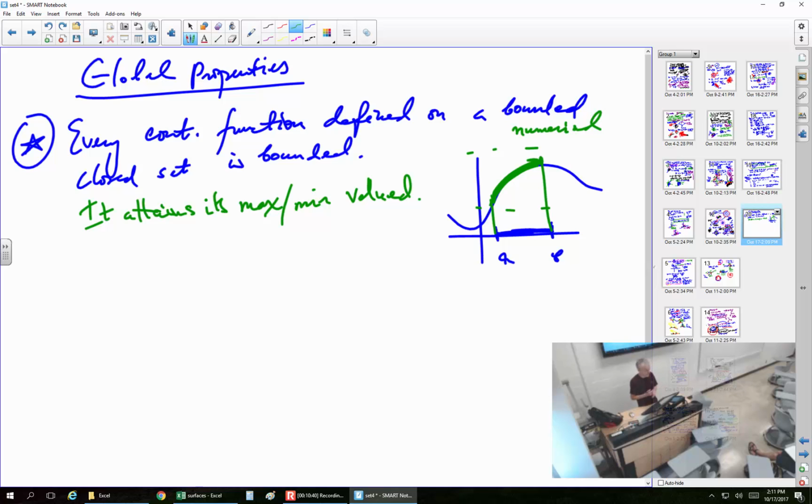And like I said, every continuous function defined on an interval [a, b] with endpoints included is bounded. So it doesn't go to infinity, and that's why you can also proceed to the next theorem and say that the maximum or minimum point is reached.